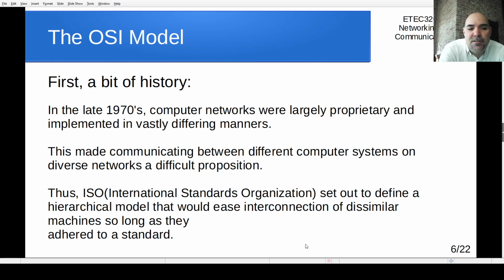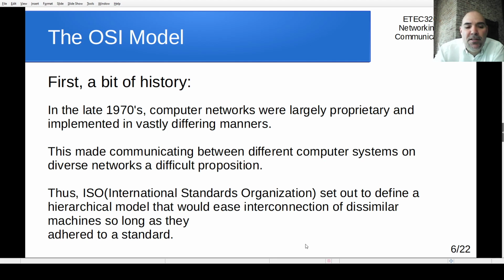And the idea there was that you could take your IBM machine and stick it on a network with Data General machines or any of those other large companies, DEC, Hewlett-Packard, whoever else was making computers at the time. And we want to be able to stick them together and have them talk to each other, because if you're going to have a network, it doesn't do any good if the machines can't talk to each other. So they came up with this model.